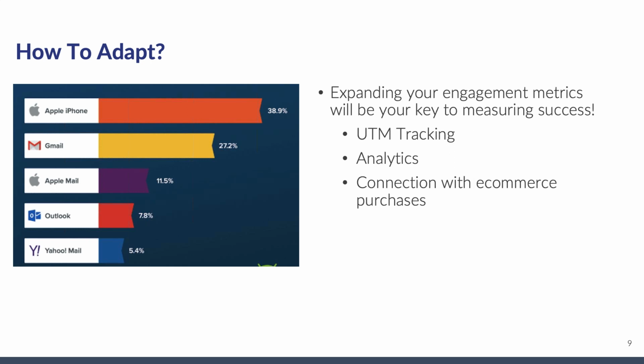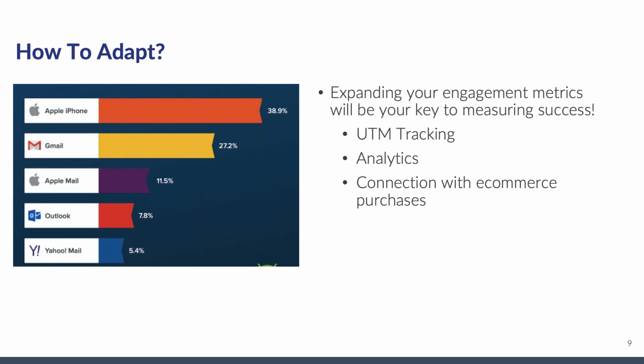It holds almost 40% of the total email client market share. That's a large percentage of total market share that are going to be Apple users, Apple Mail users specifically. This further supports the point that we as marketers need to pivot the way that we're measuring our email performance to ensure that we're reviewing accurate data.